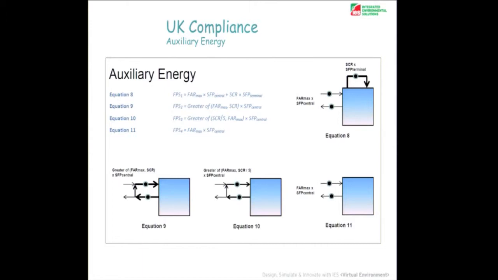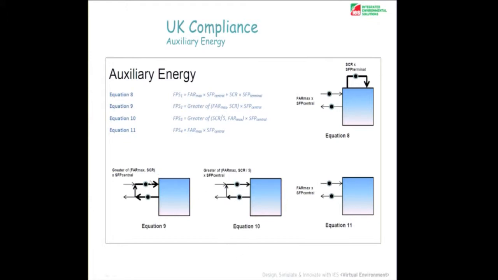And then I multiply that by whatever terminal unit SFP you've got, probably in the region of 0.3 to 0.5 watts per litre per second. So with this type of system, the bulk of the airflow is put onto your much smaller fan, hence the much lower auxiliary energy value.